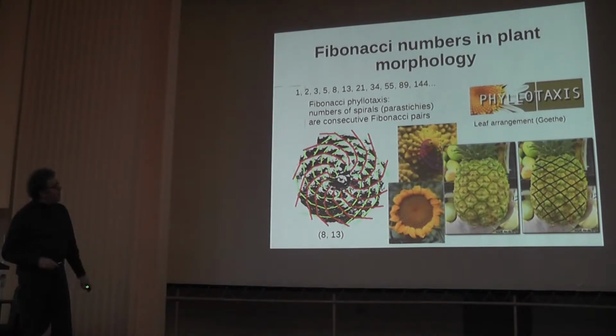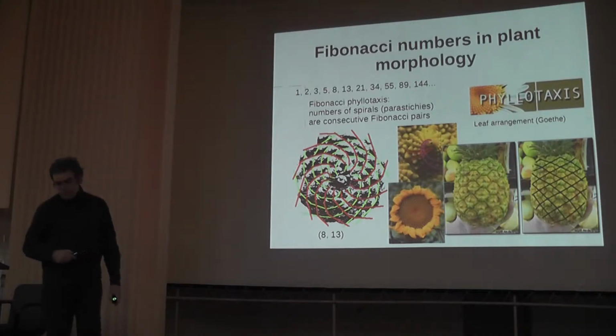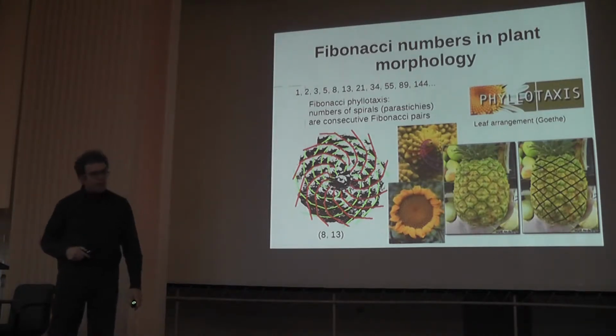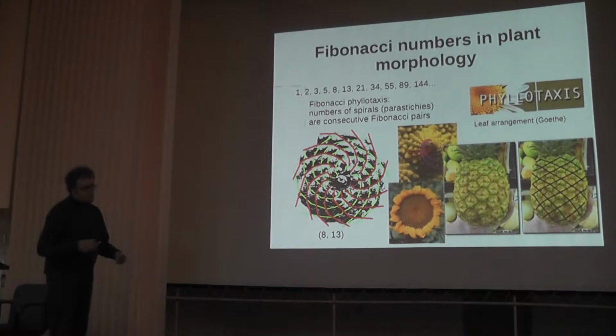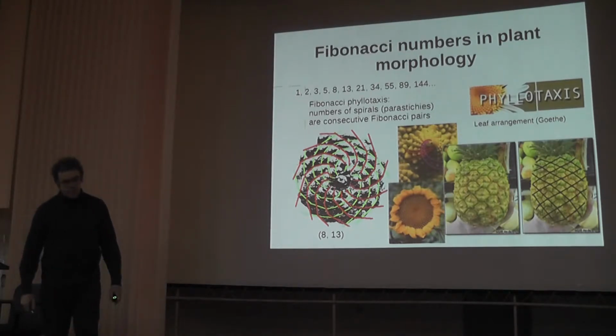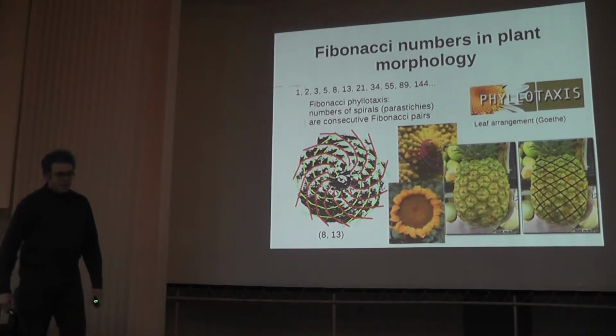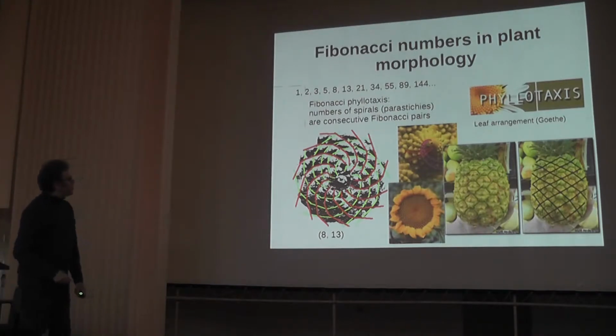Right. So the subject is very old. It's been around for maybe 400 years or something like that, and it's a question that challenged great people, Kepler, Leonardo, many others.